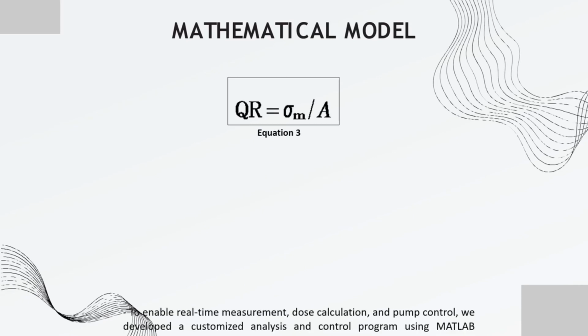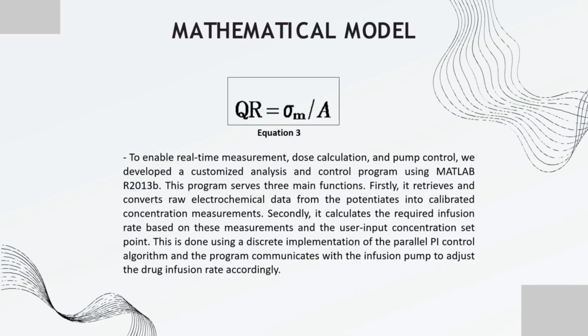For the last equation, to enable real-time measurement, dose calculation, and pump control, we developed a customized analysis and control program using MATLAB. This program serves three main functions. Firstly, it retrieves and converts raw electrochemical data from the function set into calibrated concentration measurements.